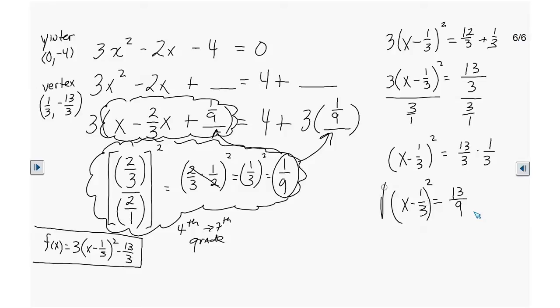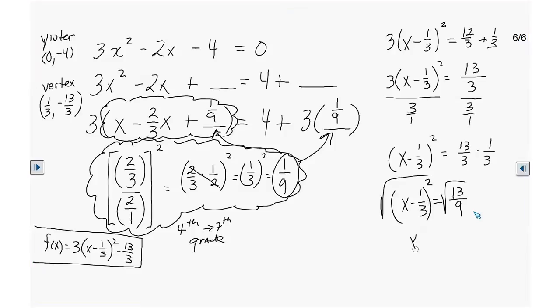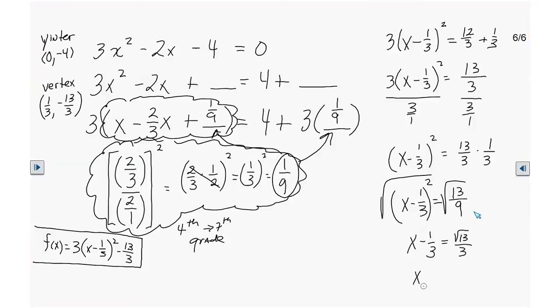Square root of both sides: x - 1/3 is equal to the square root of 13 over 3. x is equal to the square root of 13 plus 1, over 3.